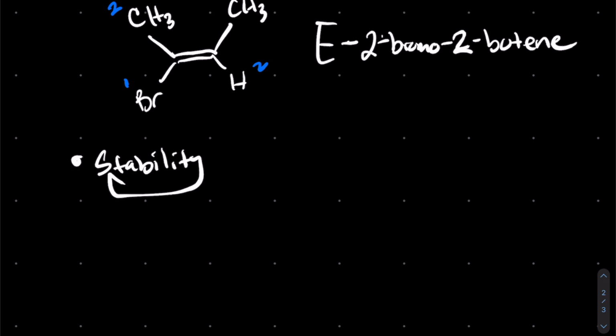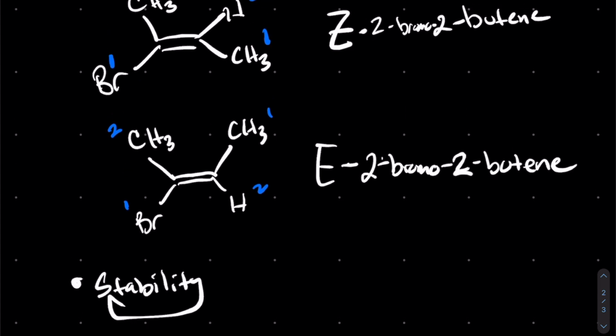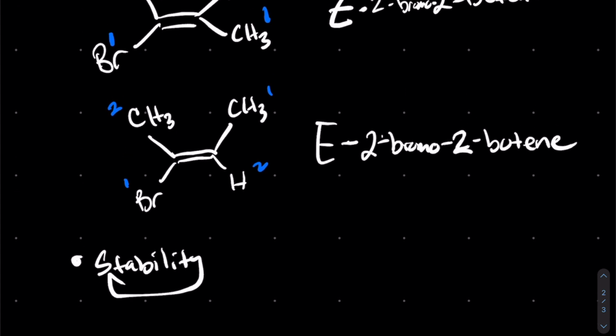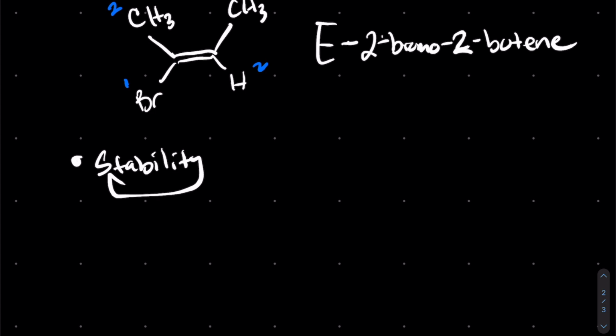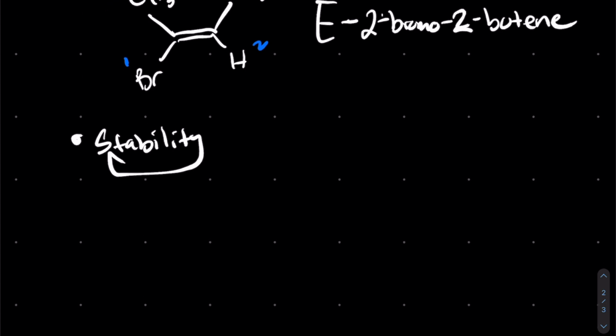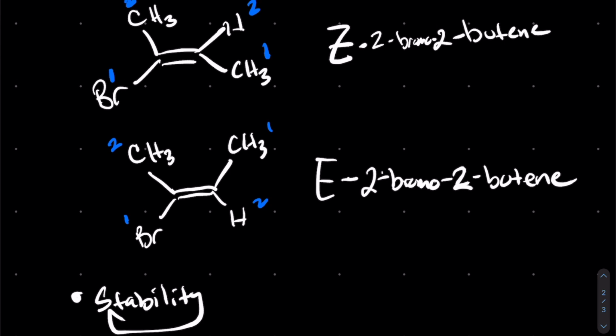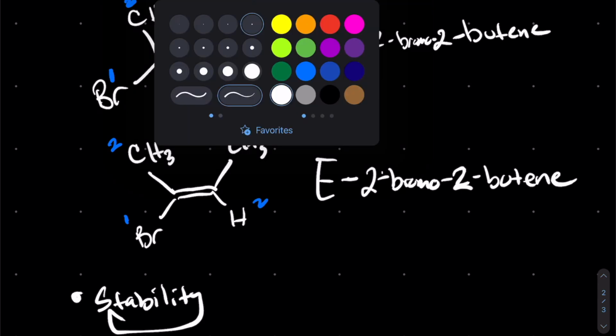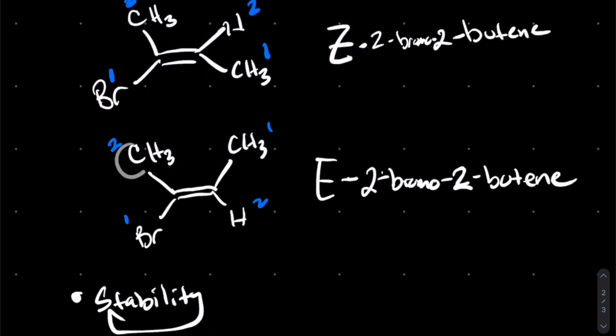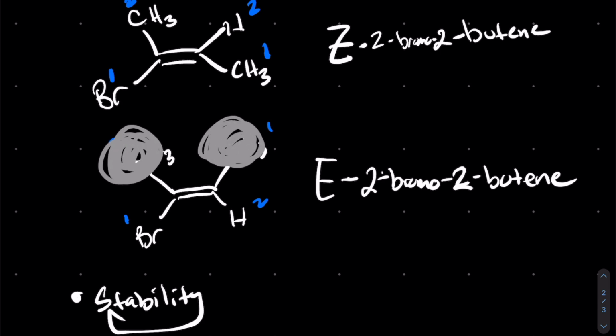All right, stability. And if we consider cis and trans or entgegen zusammen stability, our most stable configuration is going to try to be less sterically encumbered. So if you imagine the space-filling models of these, if we put carbon, which we'll say is a gray ball, big gray ball, right?